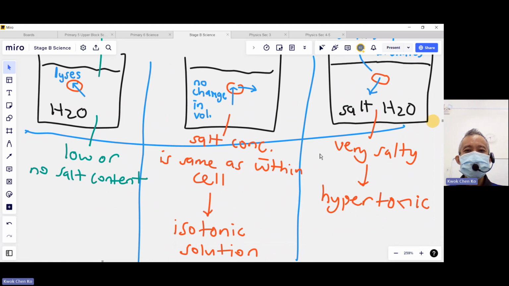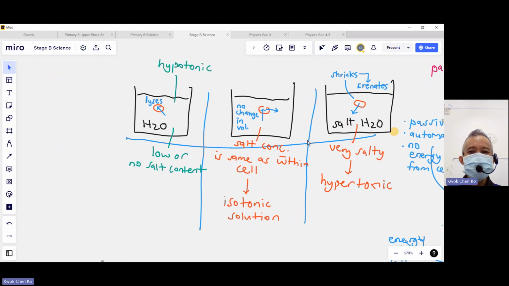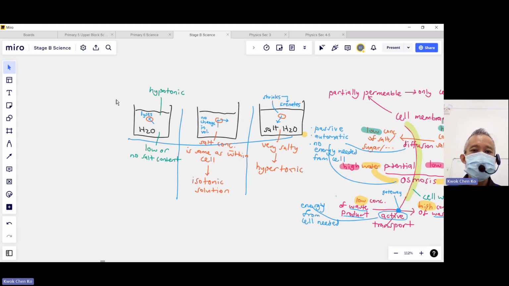Oh, by the way, I did say that there are 6 situations, right? That was only for animal cell. Animal cell, I repeat, animal cell. Imagine the same thing, you put a plant cell into each of them.